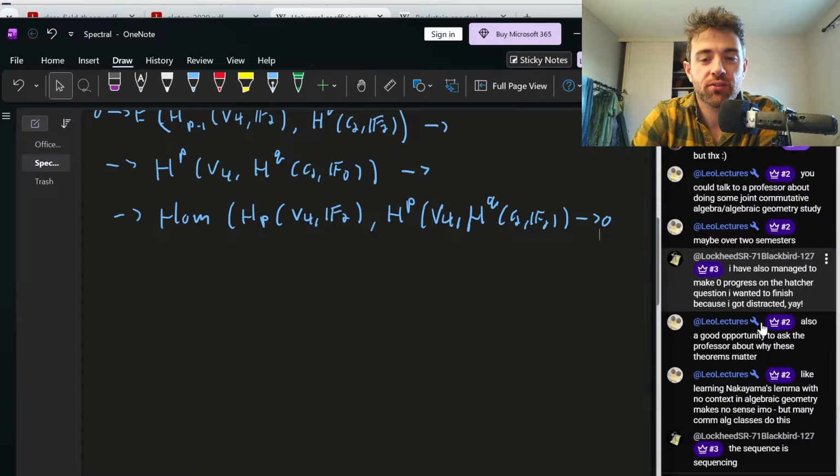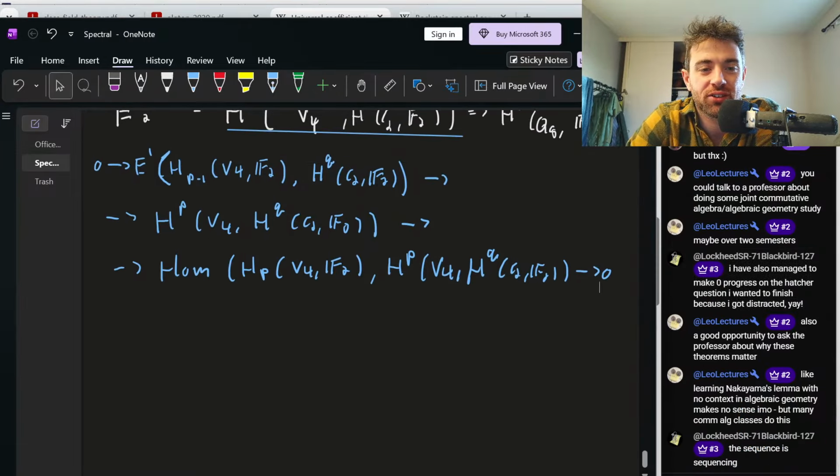I mean, we definitely have a sequence, not a spectral sequence, but we've definitely written down a sequence now. Okay, and now what? I'm guessing the isomorphism proceeds by arguing here that Ext is trivial.